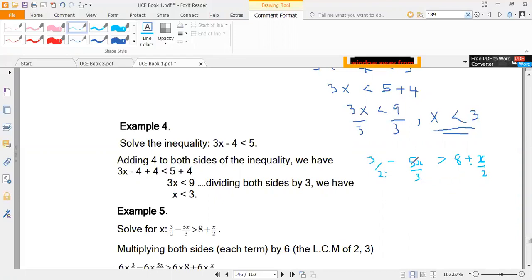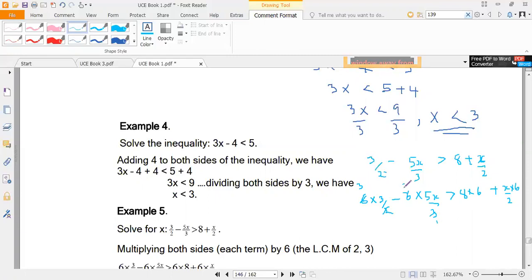So we multiply each of these numbers with 6: 6 multiplied with 3 out of 2 minus 6 multiplied with 5x out of 3 is greater than 8 multiplied with 6, plus x out of 2 multiplied with 6. Now we can reduce these values.